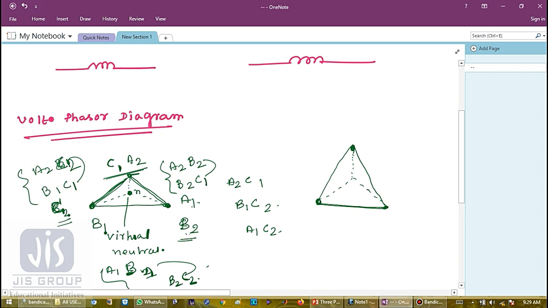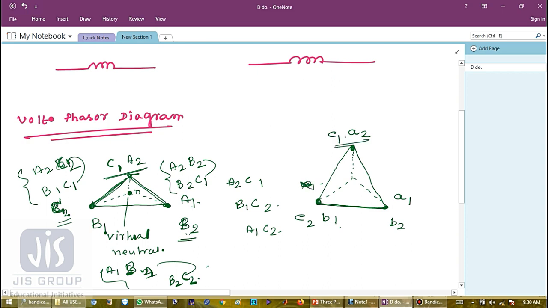So similarly, this will be my A2, this will be my small b2, this is C2, this is my A1, this is my B1, this is my C1. So look here also. This is B2, this is B1, this is C2, this is C1.